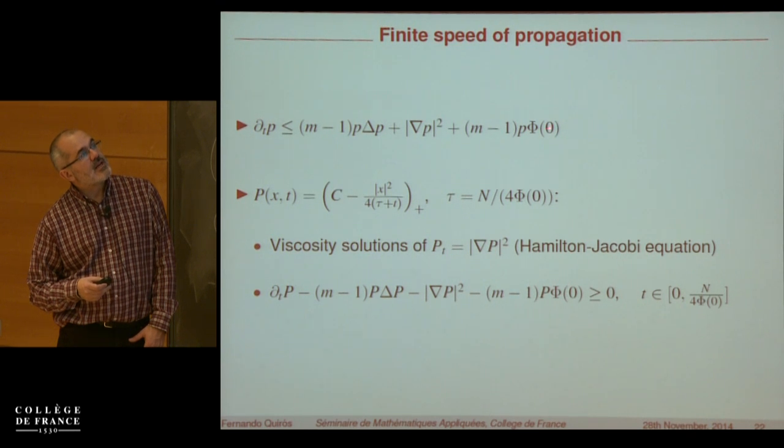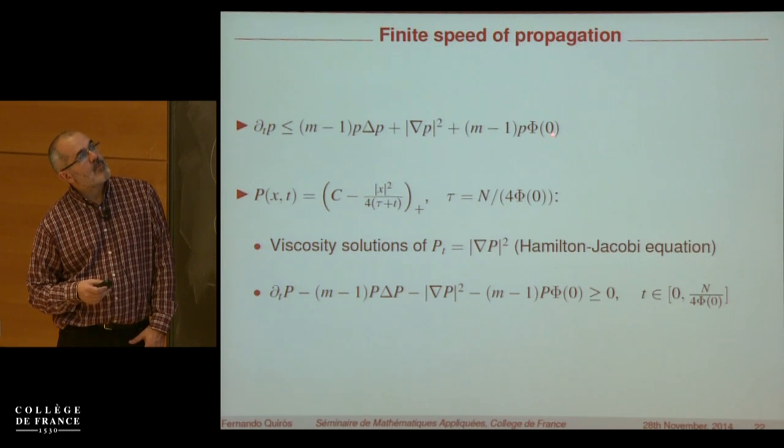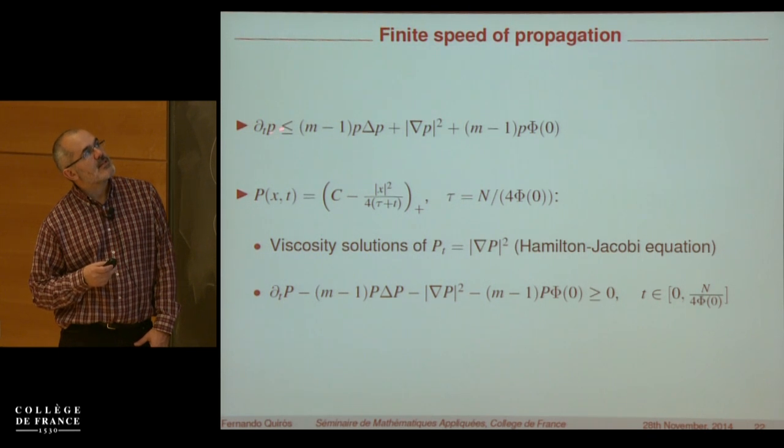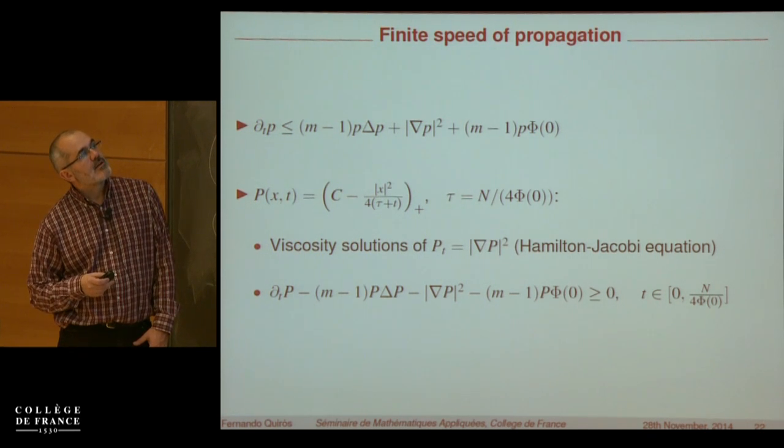And the idea is, you use the equation for the pressure. Here, instead of putting a P, we put 0, since phi decreases with P, this will be bigger. So we have that this is less or equal than this quantity here.